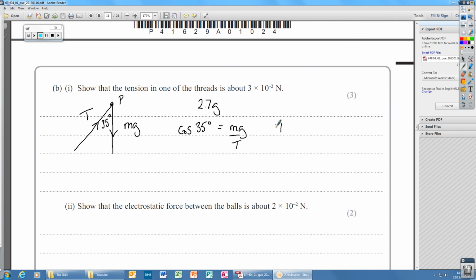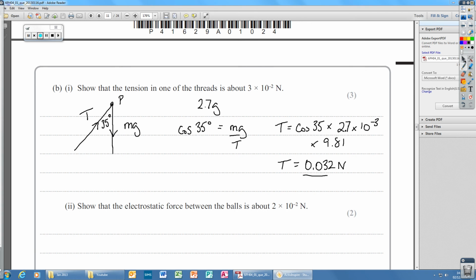If we rearrange that, the tension is going to be mg over cos of 35: the mass, 2.7 times 10 to the minus 3, I've used standard form there to convert that directly, times 9.81, and that will give me a tension of more or less what they're looking for. I think it's actually 0.032 newtons, which is pretty much what they're after.